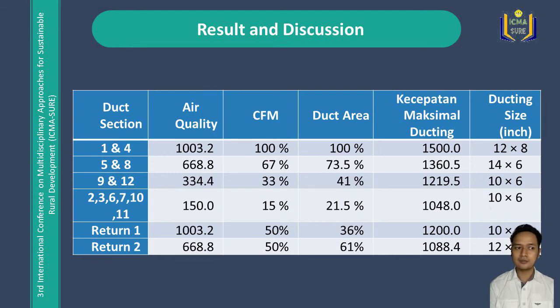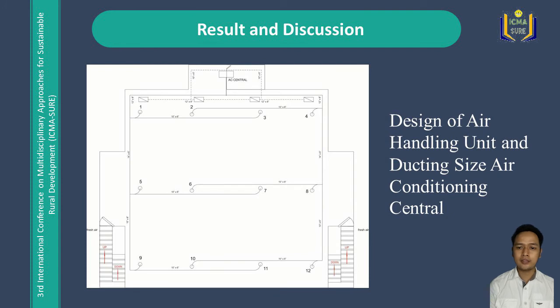Besides that, based on Table 7 on the ASHRAE handbook, we can design the ducting size. So the ducting size of the MASTEK mosque is shown in the table. And this is the design of the air handling unit and ducting size with central air conditioning system.